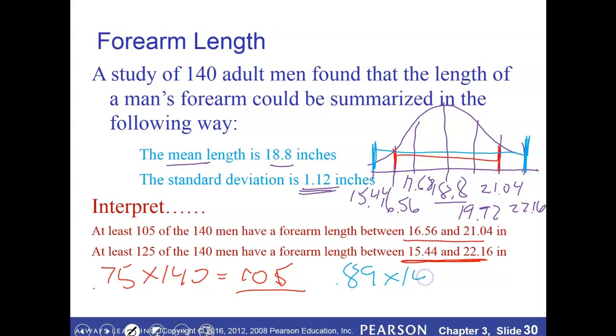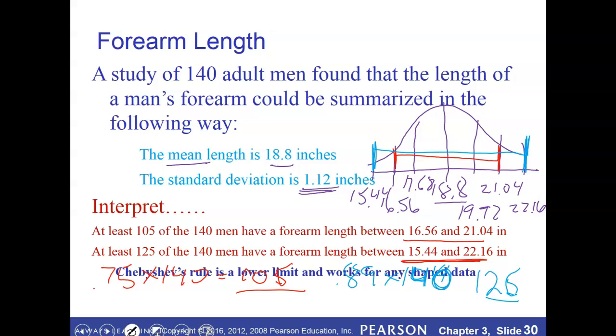We want to find how many of the 140 men would have a forearm length between those two distances. So it would be 0.89 times 140, which is 124.6, which would round to about 125 of the guys having a forearm length somewhere between 15.44 and 22.16.